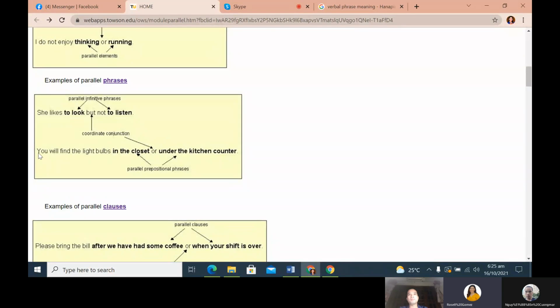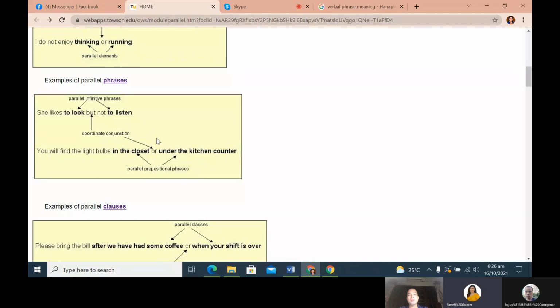Is this sentence parallel or not parallel? Parallel. Why? Because it uses two prepositional phrases. Very good.